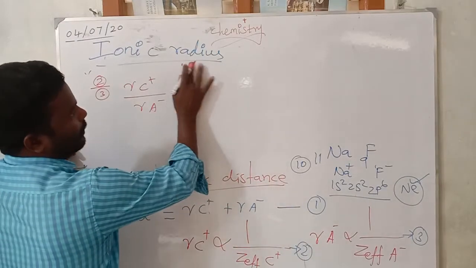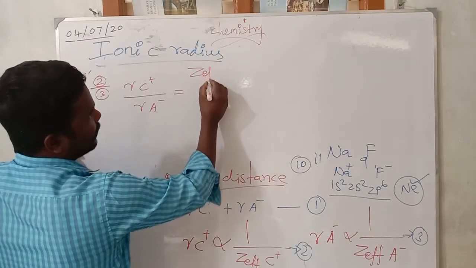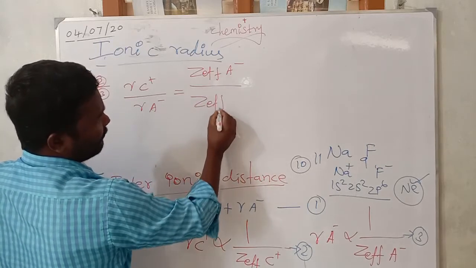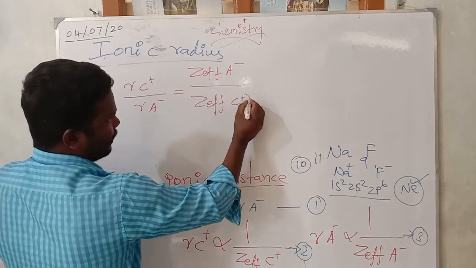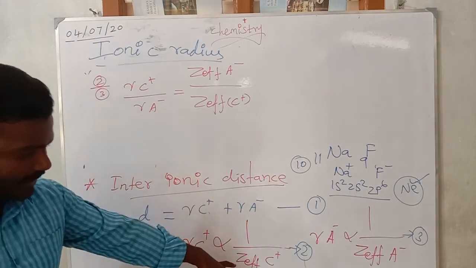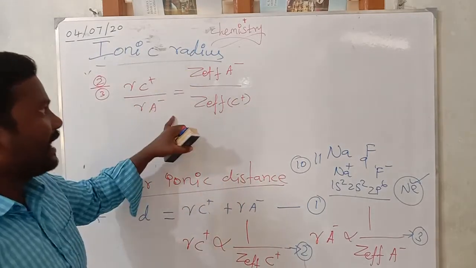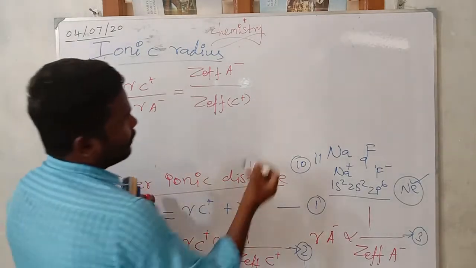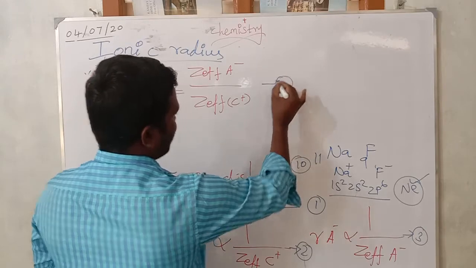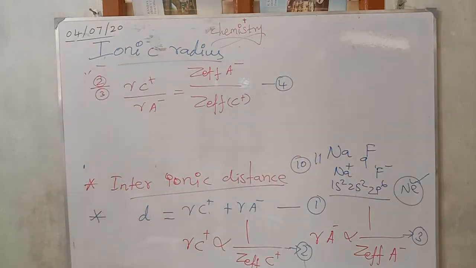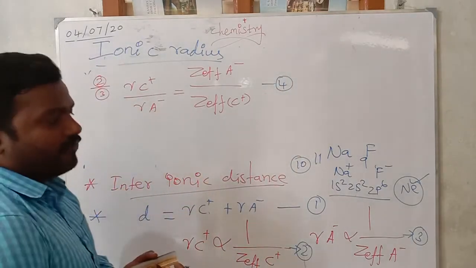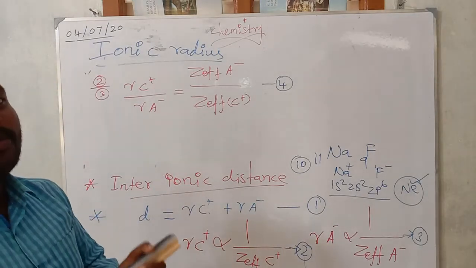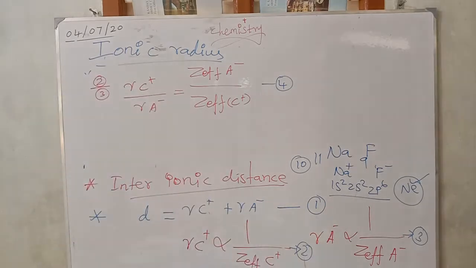So how will you write? Effective nuclear charge of anion divided by effective nuclear charge of cation. Because it is already in the inverse position, if you divide again, it will come like this. So this is equation 4. Yes, my dear, by using this equation 4, we can find the ionic radius of a univalent crystal lattice.